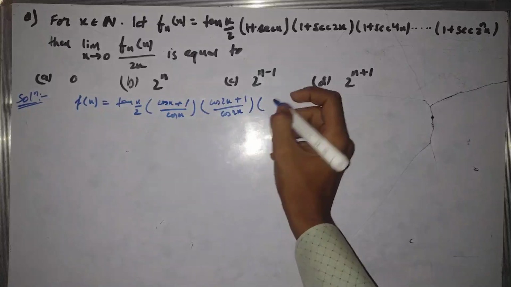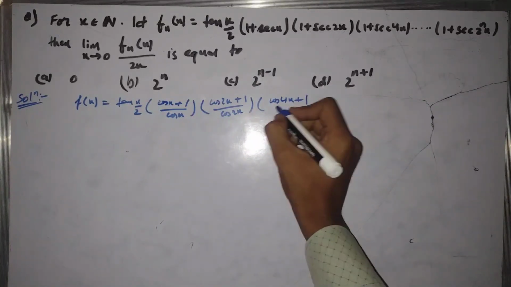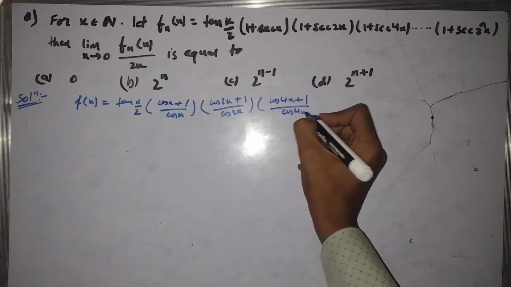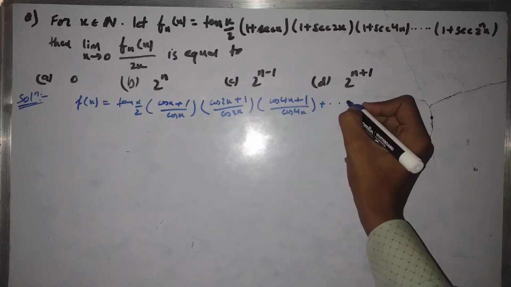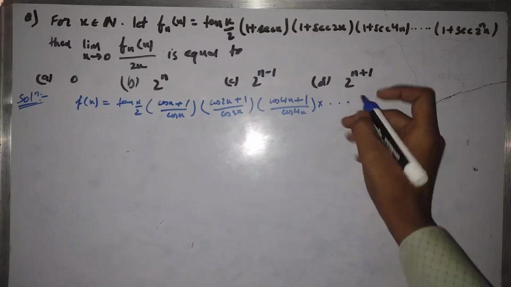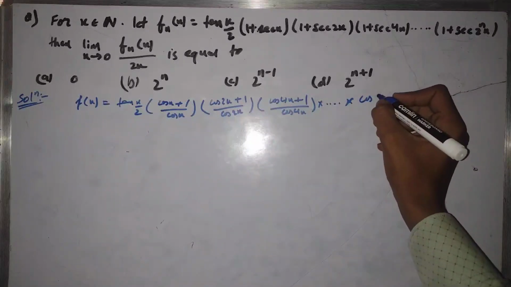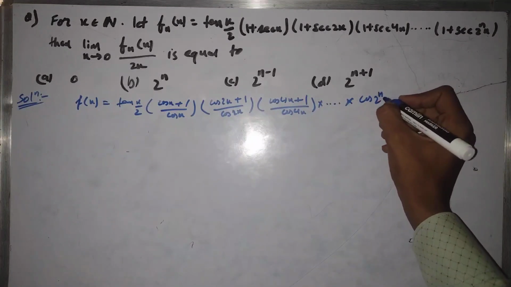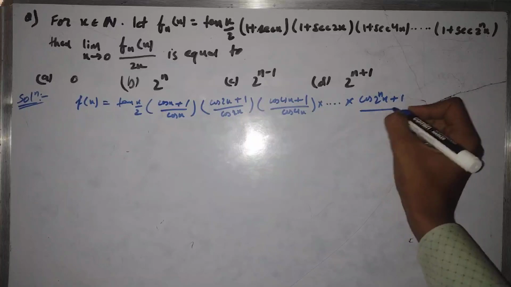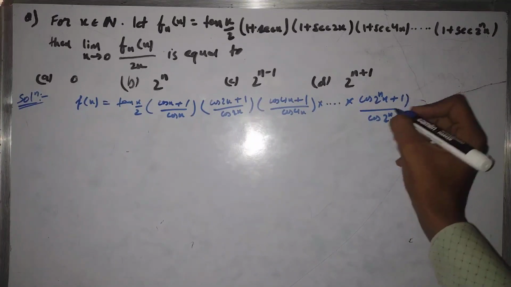We can write this as (cos 4x plus 1) upon cos 4x, and all the way up to, sorry, this is multiplication, so all the way up to multiplied by (cos 2 to the power n x plus 1) upon cos 2 to the power n into x.